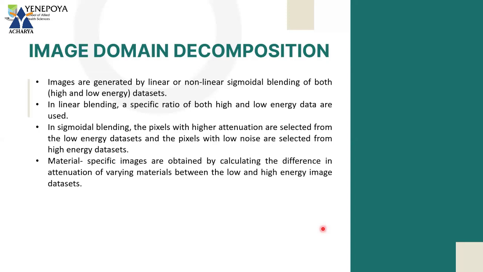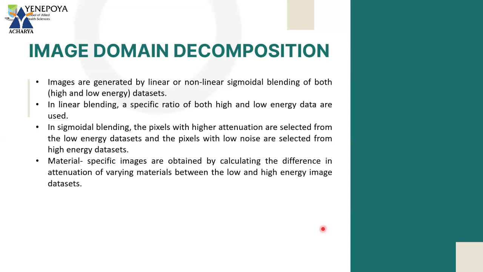From the low energy data set you take the pixels with very high attenuation, and from the high energy data set you take the pixels with very less noise. The high attenuation pixels and the low noise pixels are taken together, combined and registered together to produce an image.